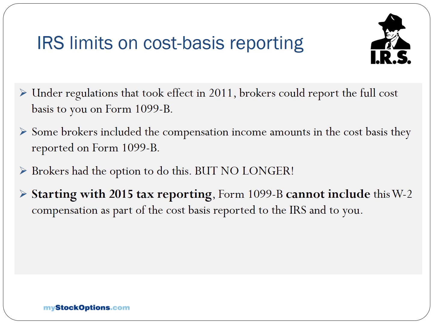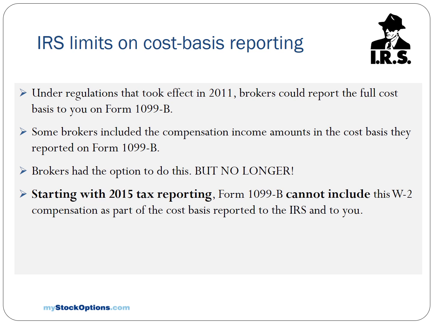Now, what's become more complicated is that when this whole new regime for reporting on the 1099-B and the cost basis came into effect back in 2011, brokers had the option to include this compensation element as part of your cost basis, but they no longer have that.